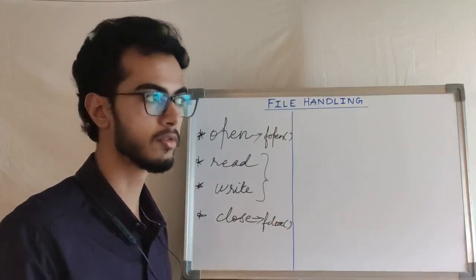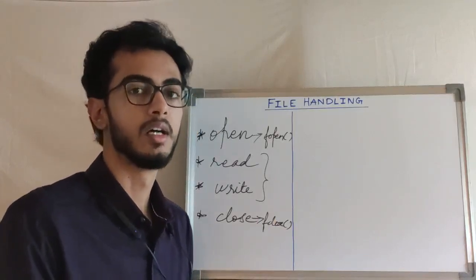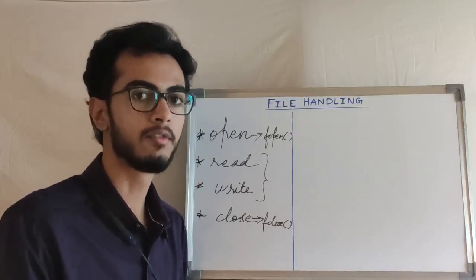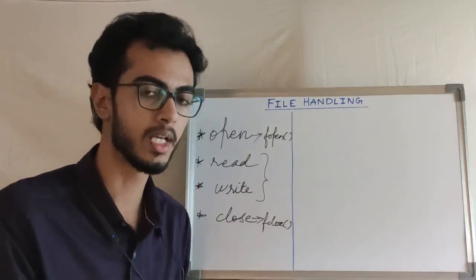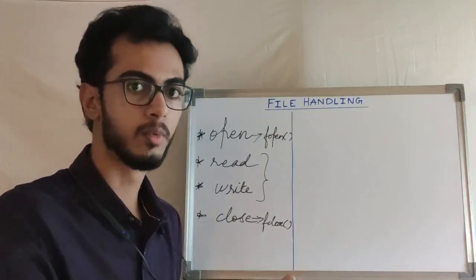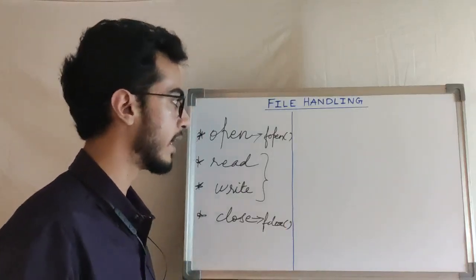With the help of scanf, printf, gets, puts. To read a single character, we also have getc and putc. So these are the various operations through which you can read and write data from the keyboard and on the screen.